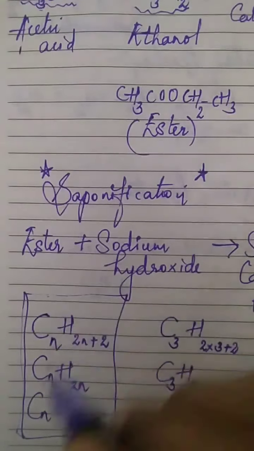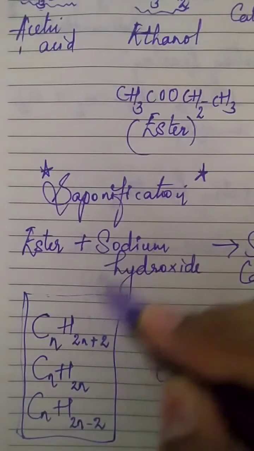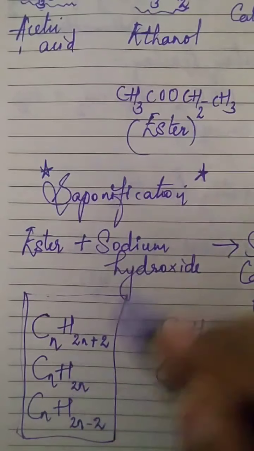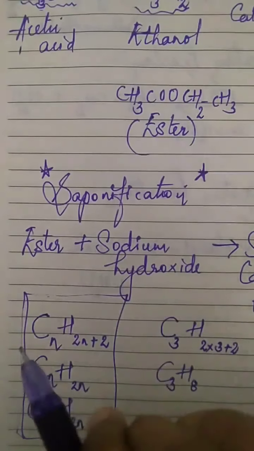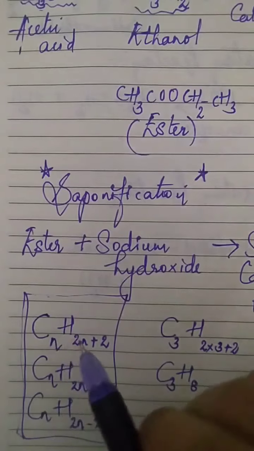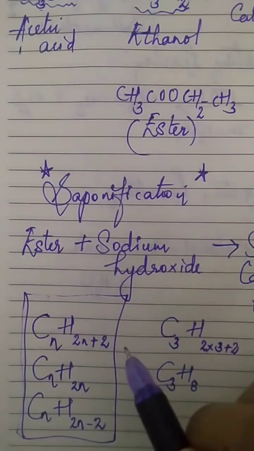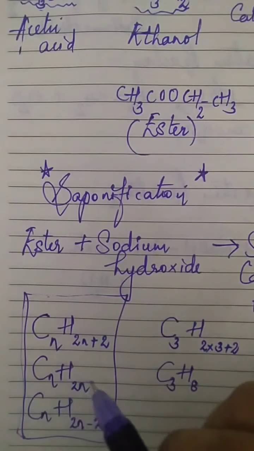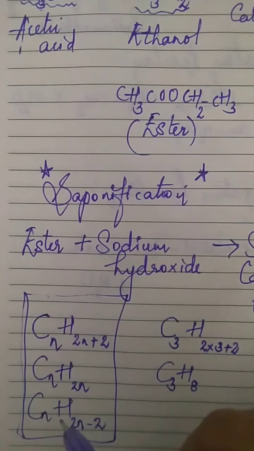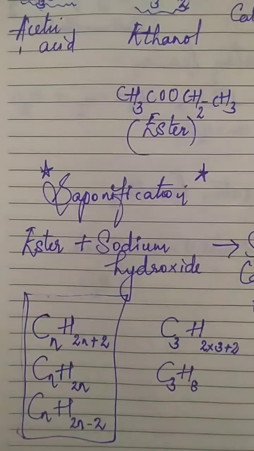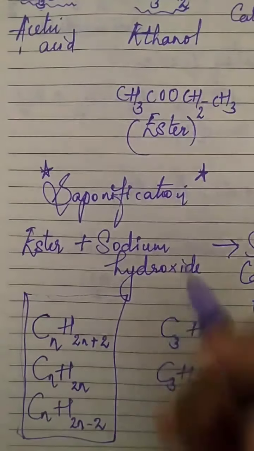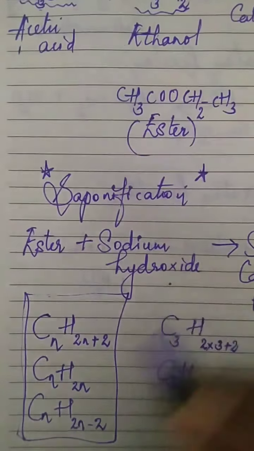For benzene and all, you can't use this formula because that is a ring structure. Do not use it for ring structures. For straight chain you can use this formula. For alkane, CnH2n+2. For alkene, CnH2n. And for alkyne, the triple bond one, CnH2n-2. Remaining part is cancelled. Only till here you have to learn for your exam.